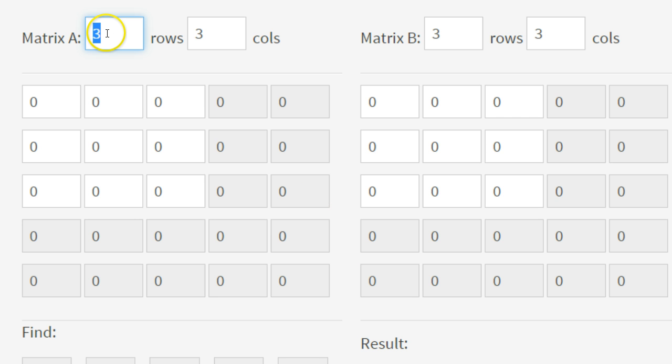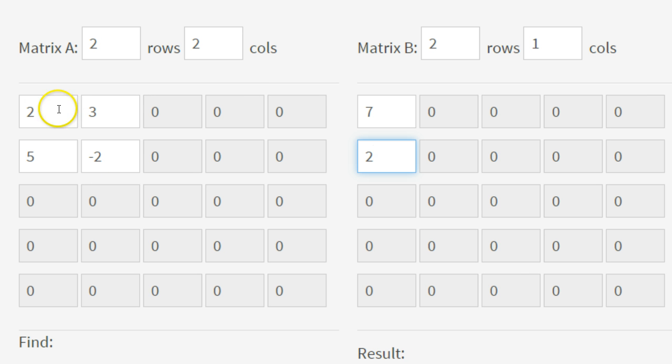Okay, so we're going to make our 2 by 2 matrix and our 2 by 1 matrix. So first things first, I put the values into the matrices. Now let's pretend this is matrix C and this is matrix A. I can't multiply these two yet.